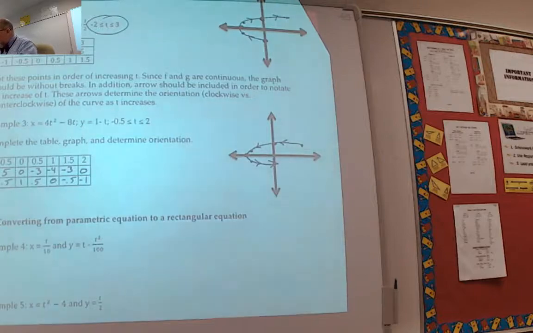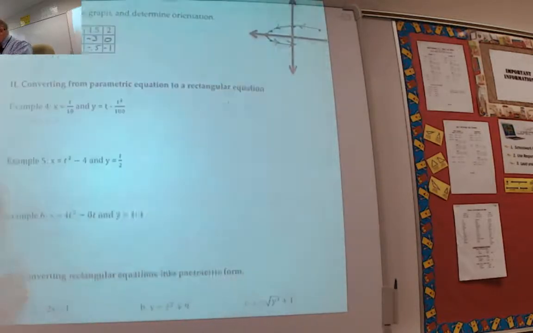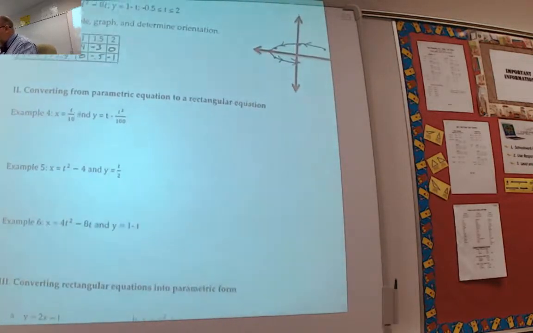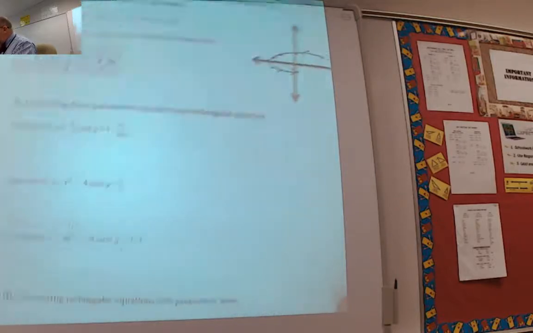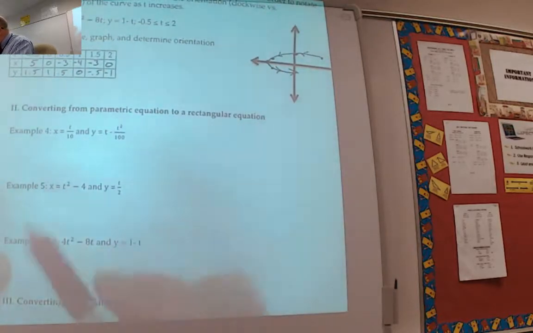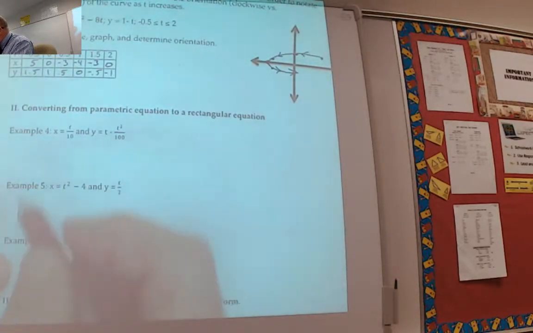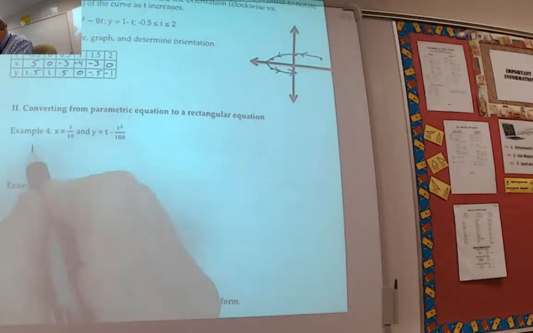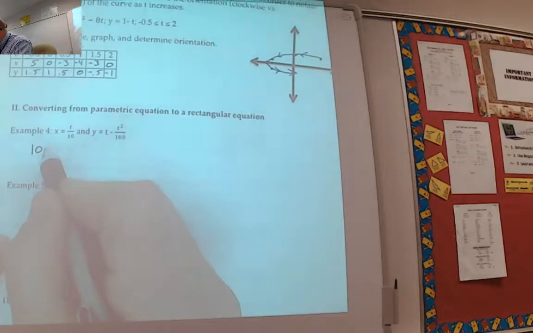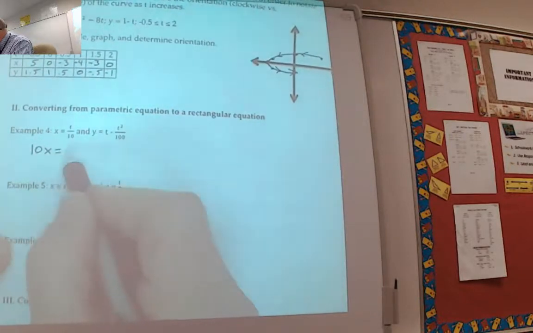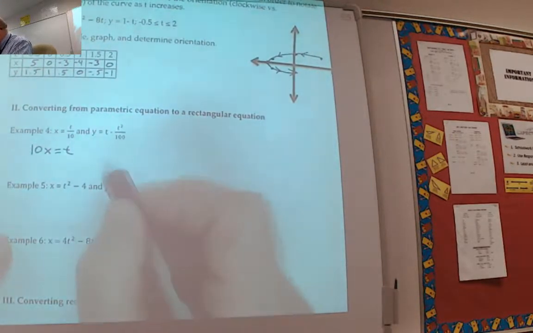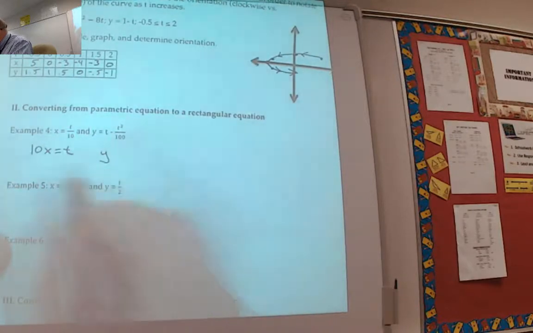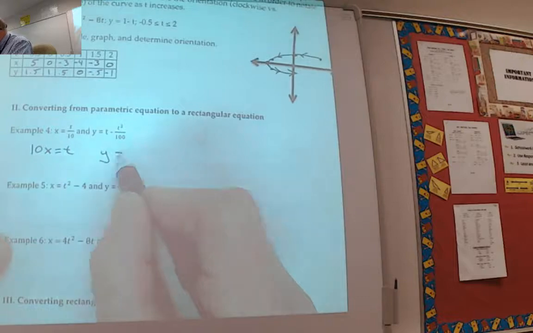Okay. All right, so converting parametric equations to rectangular equations, what I usually do here is I take one of the variables and solve for t. So in this case, I usually use x. I can say that 10x is equal to t. And then what I do is I take that expression in terms of x and replace t with it.